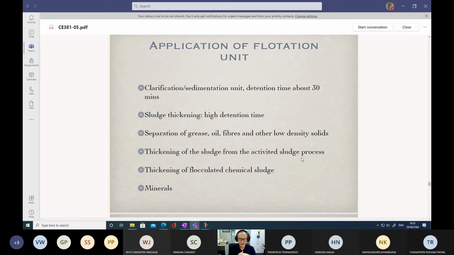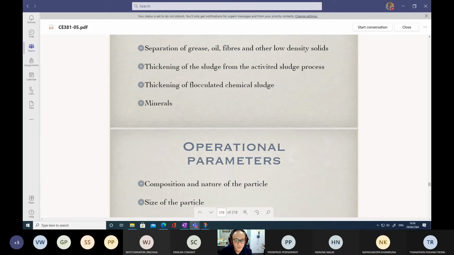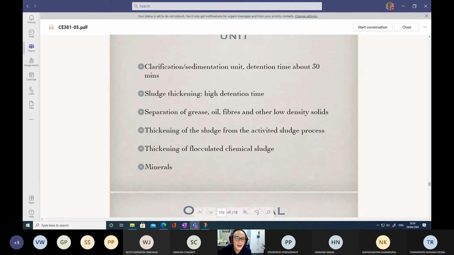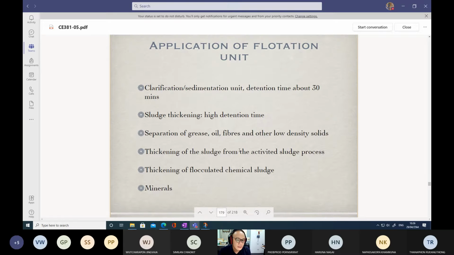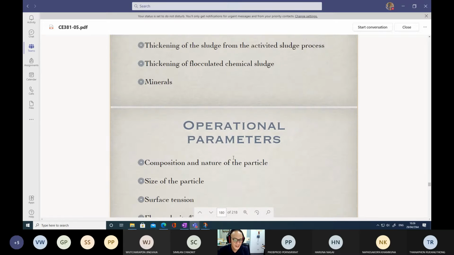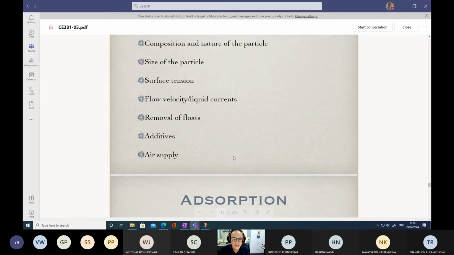But if we use flotation, it is much better because oxygen is provided, so we can minimize the effects of the unpleasant smell, which may disturb the communities nearby. Okay, so these are the applications of the flotation unit we can use in water and wastewater treatments, and we can also use it in sludge treatments.